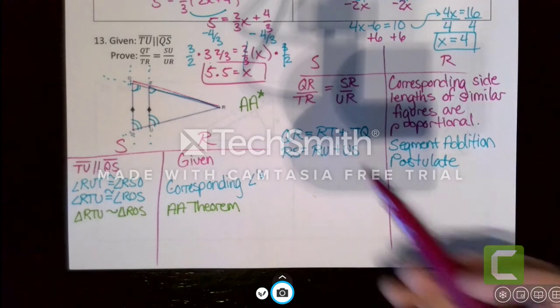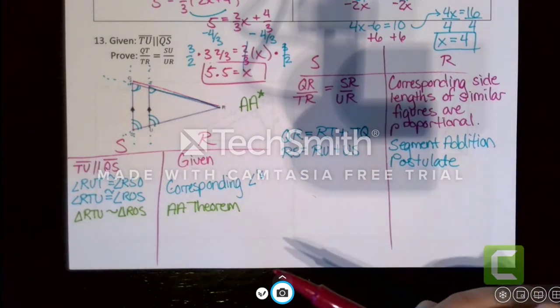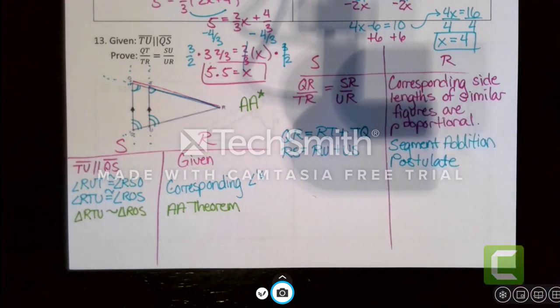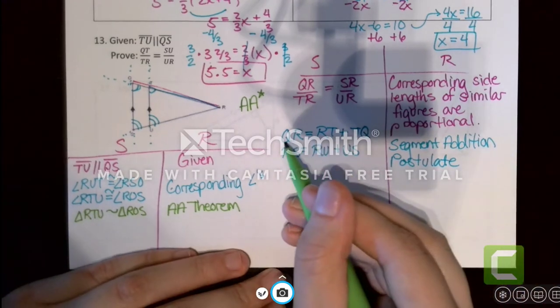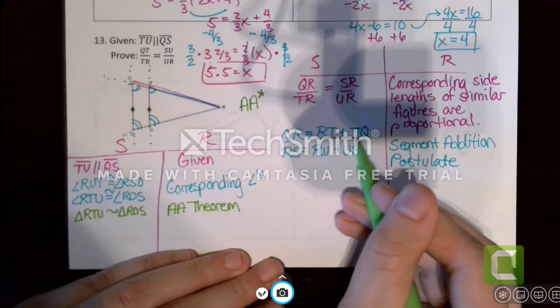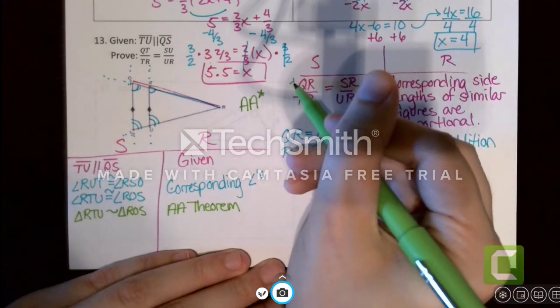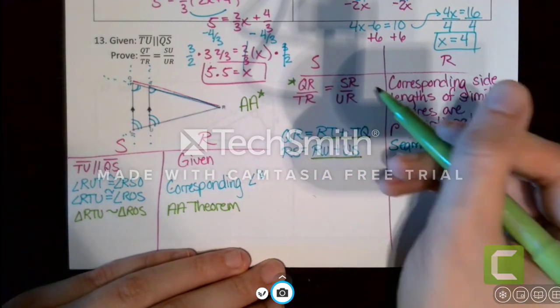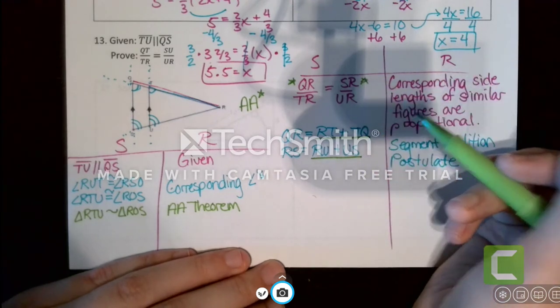Now that we've discovered what QR and RS exactly equal, we can take these two equations and substitute them back into our proportions that we've created, which means I'm going to substitute in RT plus TQ on the left, and I'm going to substitute in RU plus US on the right.